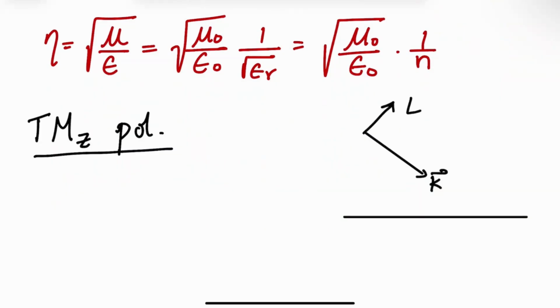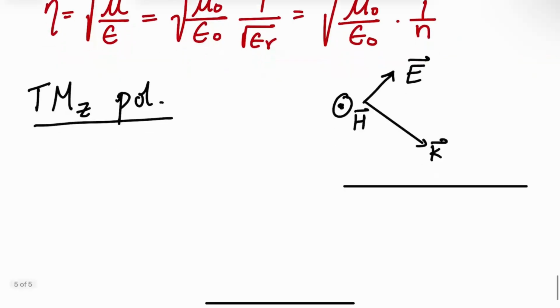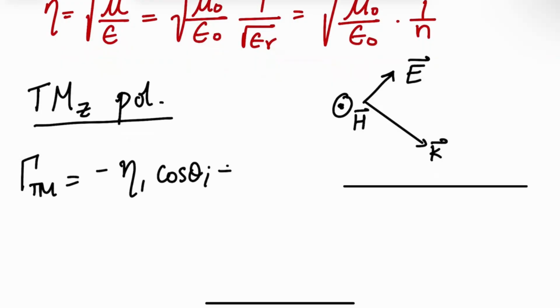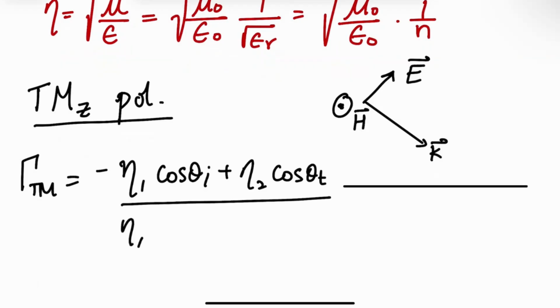Electric field is now pointed out like that, and then the magnetic field is coming out of the page. Okay, so in that case, gamma TM turns out to be minus eta 1 cosine theta i plus eta 2 cosine theta t over eta 1 cosine theta i plus eta 2 cosine theta t.